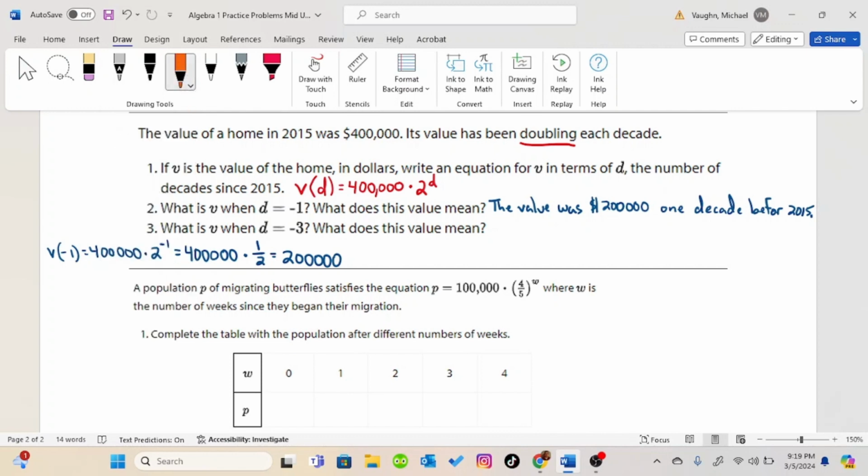And number 3, what is v when d equals -3? What does this value mean? So v of -3 equals 400,000 times 2 to the power of -3.